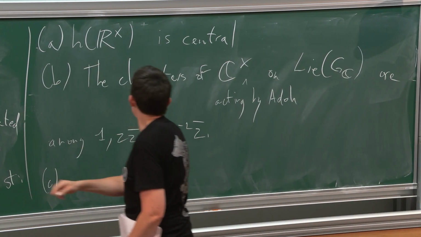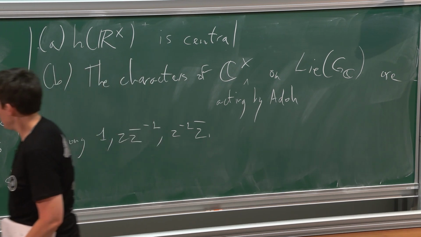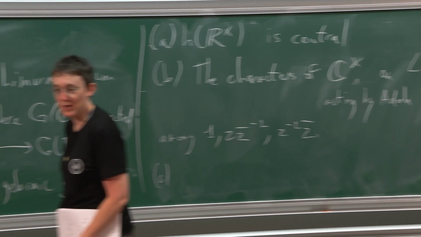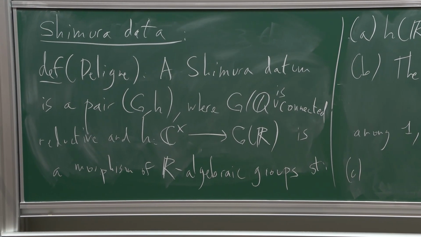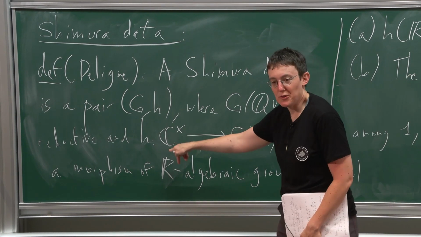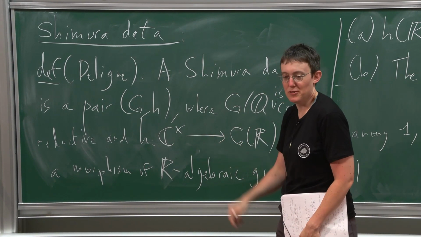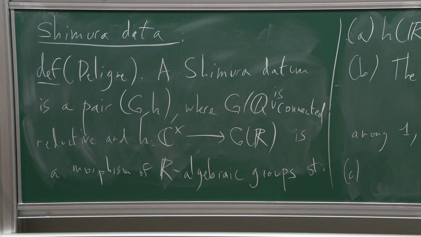Okay, so this, as an algebraic group, its characters are Z and Z bar. Again, this is an algebraic group over R. I'm kind of insisting because I was very confused when I first saw that.